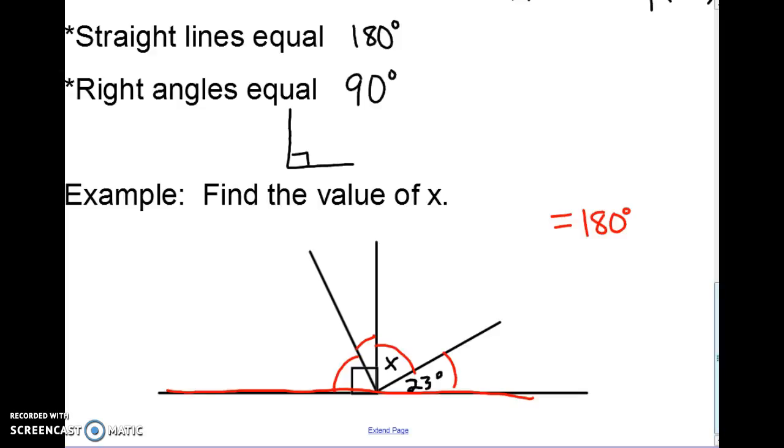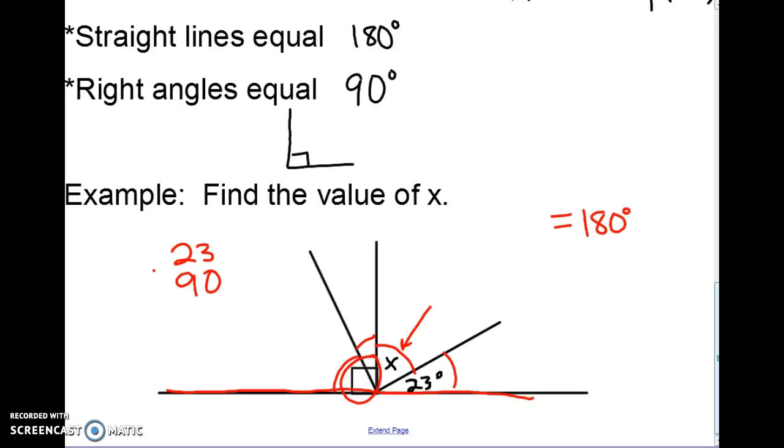I know a good chunk of everything. So I know that I have 23 degrees. And I also know that this box over here tells me I also have 90 degrees. I'm looking for that x value right there.